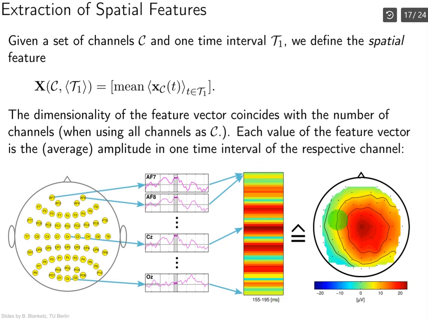And we can visualize those average amplitudes as a topomap, a topographic representation, through interpolation, where the color represents the amplitude value. So defining temporal and spatial features are the first step before feeding this set of features into the classifier to decode the user's mental state.